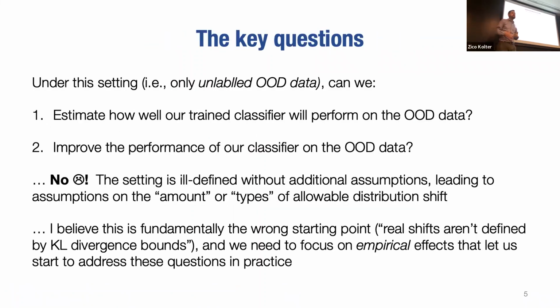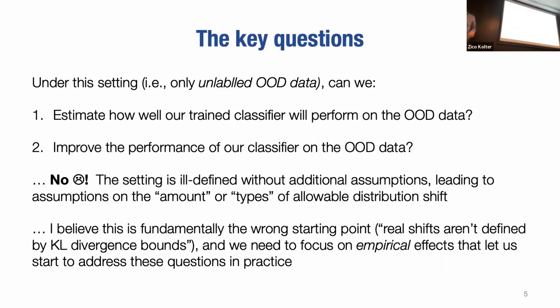Because in practice, it seems like oftentimes we can improve performance a little bit, or we can at least estimate the performance of some new classifier on out-distribution data, for reasons that obviously aren't true globally, but which are true for the data that we actually encounter in practice.